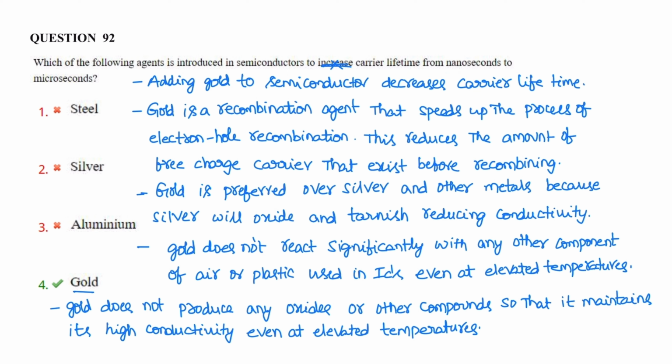Gold doesn't react with air or with plastic used in integrated circuits even at elevated temperatures. Gold does not produce any oxides and other compounds so that it maintains its high conductivity even at elevated temperatures. These are the reasons. Hence, gold can be introduced into a semiconductor. So option 4 is a correct one.